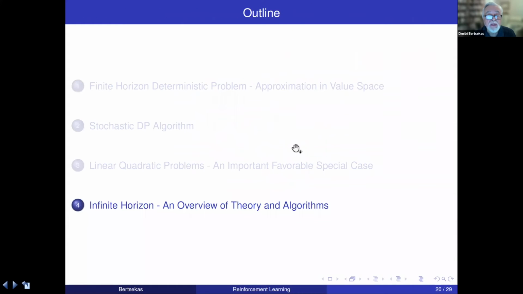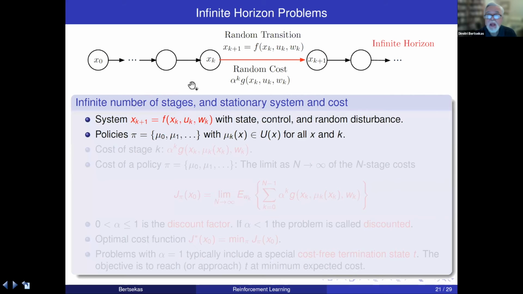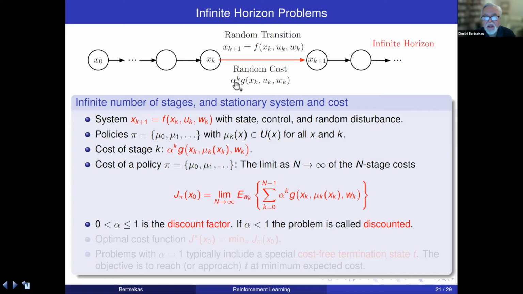Okay, so let's now go into infinite horizon problems. Here, the number of stages is infinite, and we still have random transitions from one stage to the next, subject to uncertainty, and there's a cost for each transition, but it's multiplied with a discount factor.